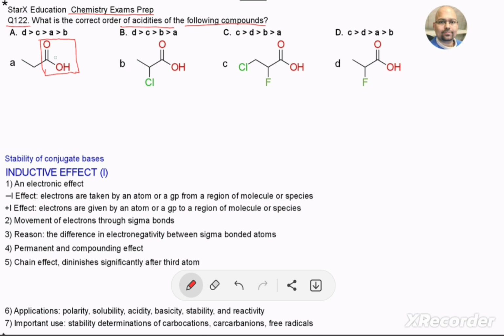If we number this, the numbering starts from the carbon that is part of the carboxylic acid group. So that is meth, eth, prop. So this compound is propanoic acid.